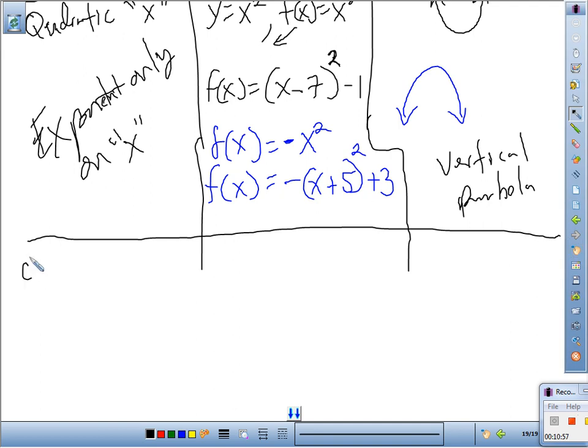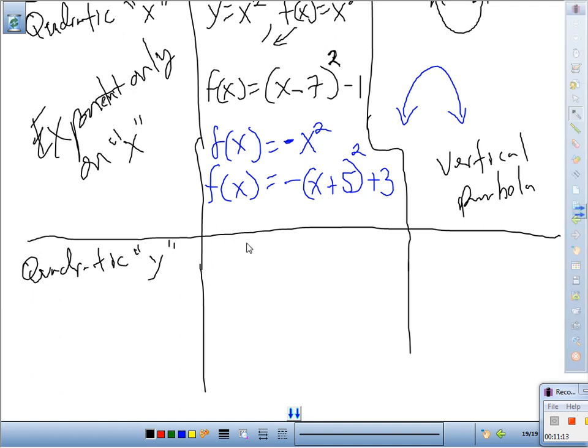All right, let's go to quadratics. But now I'm going to focus on the y. All right, let's see. X equals y squared. F of y equals y squared.